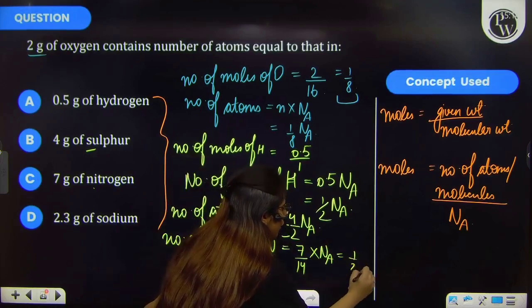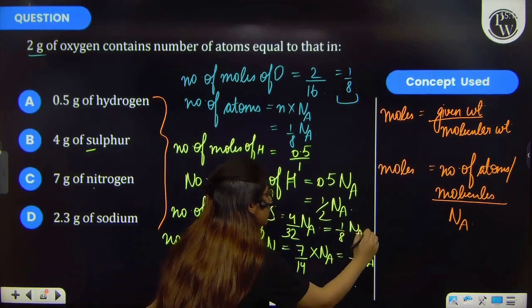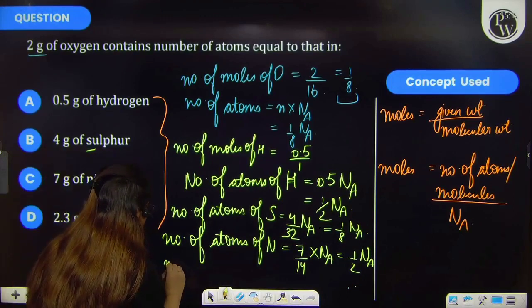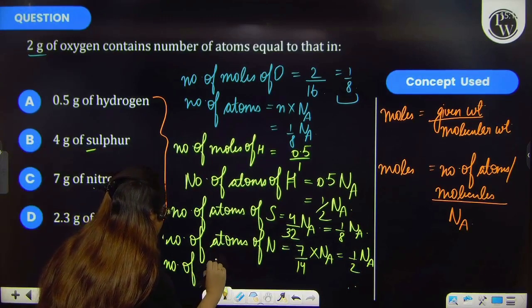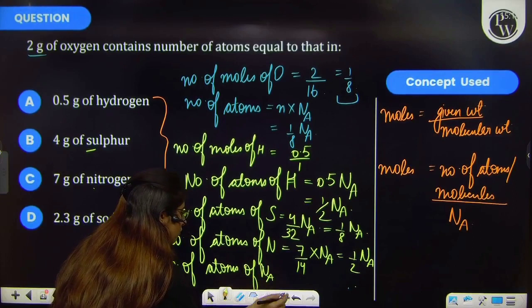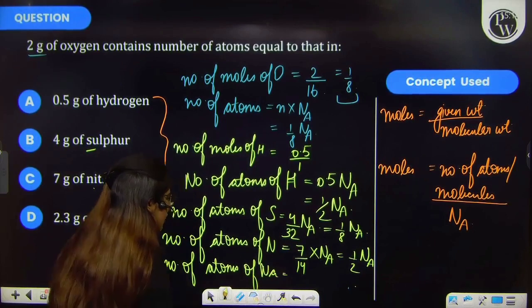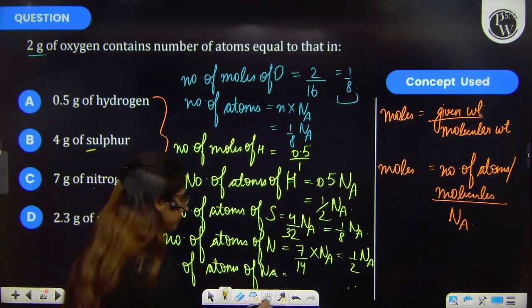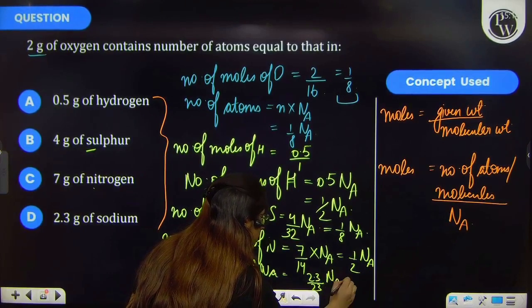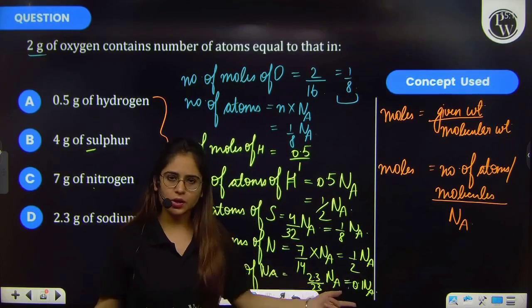That will come out to be 1/2 Na, and this will be 1/8 Na, right? Further, for 2.3 gram of sodium, number of atoms will be equal to the given weight 2.3 gram upon the molecular weight and then Na. And so it will be equal to 0.1 Na, the number of atoms for the sodium.